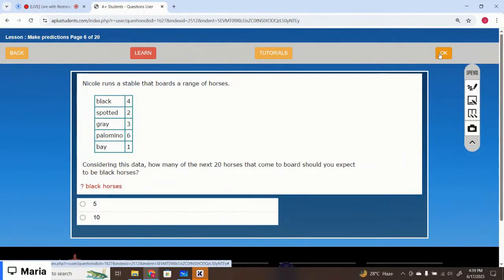Nickel just even factors a range of losses. Considering this data, how many of the next 20 losses that come off the board should we expect for black losses? So which is the correct option?